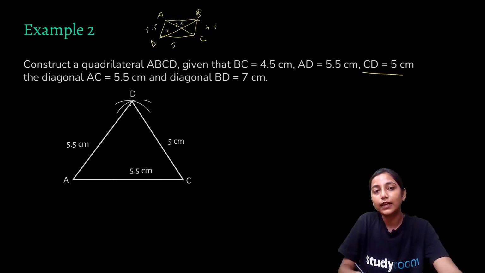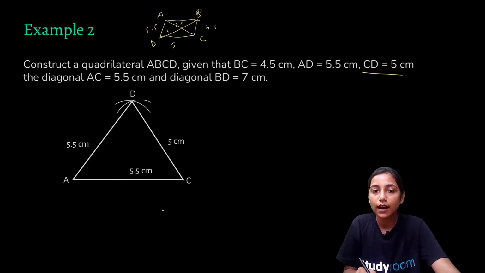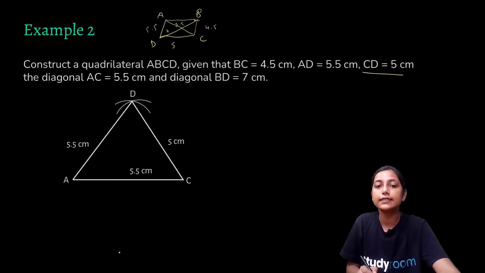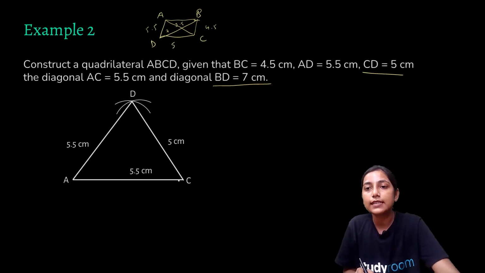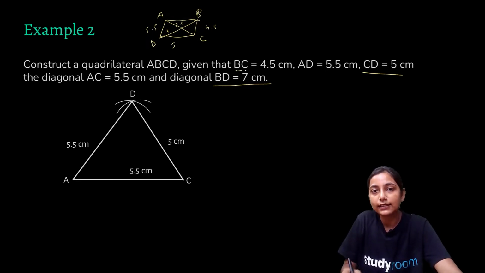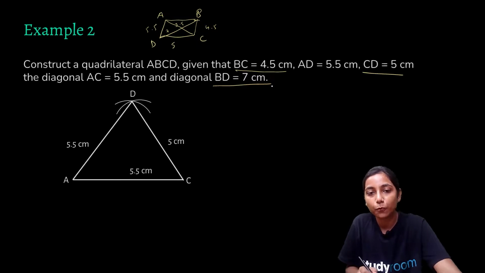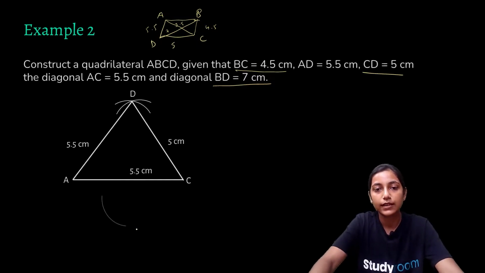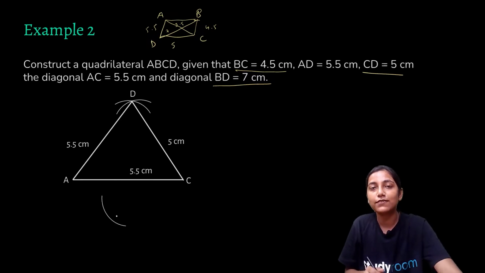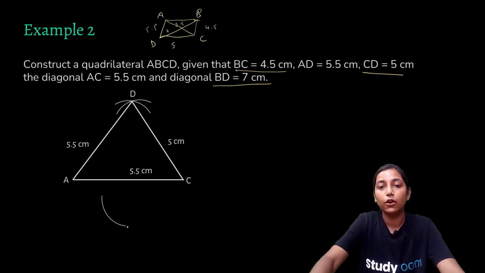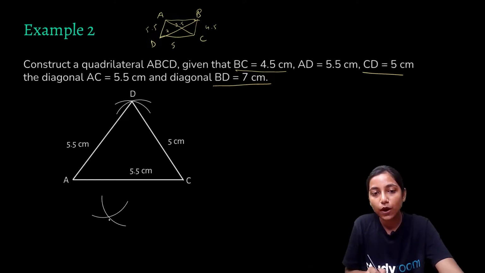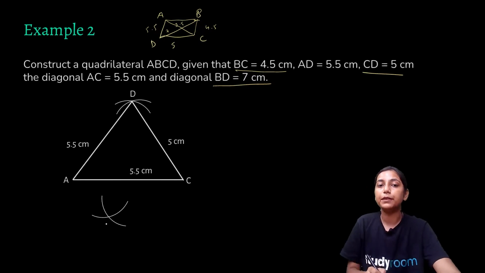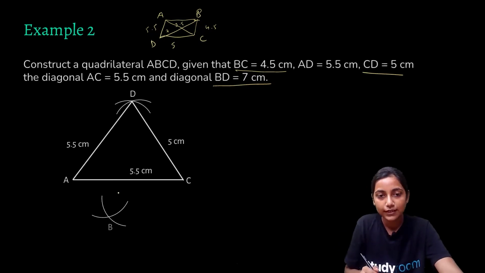Using D as the center, you can draw an arc of 7 centimeters, opposite to the direction of D. Now taking C as the center, draw an arc of radius 4.5 centimeter somewhere opposite to the direction of D. The point where these two arcs are intersecting is the point B for us. This point of intersection will be point B.